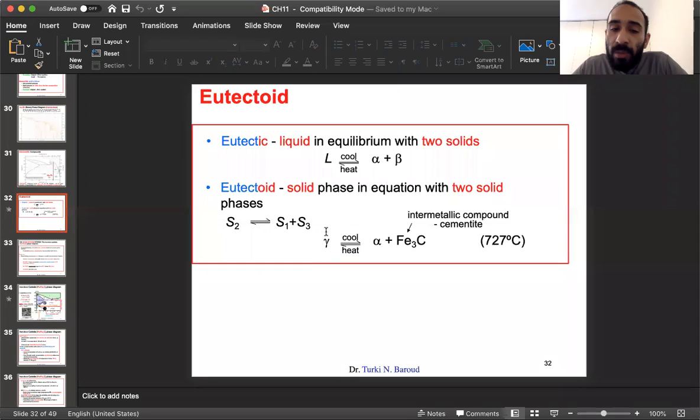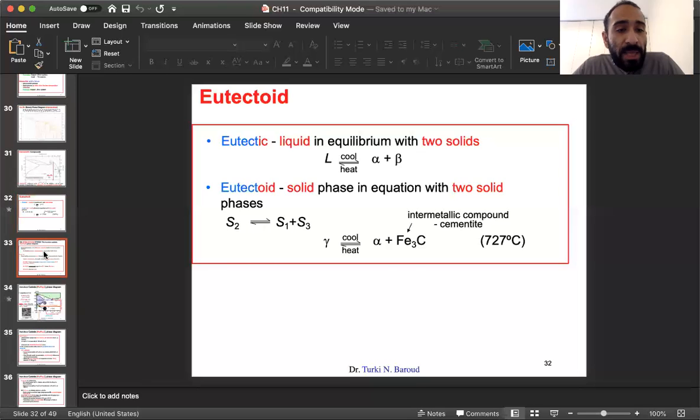Similarly, if you have two phases and you heat them up, they will transform into one phase. So in the phase diagram, one of the special reactions that we might have is the eutectoid reaction. Again, in the eutectoid reaction, we have one solid transform into two solid phases.